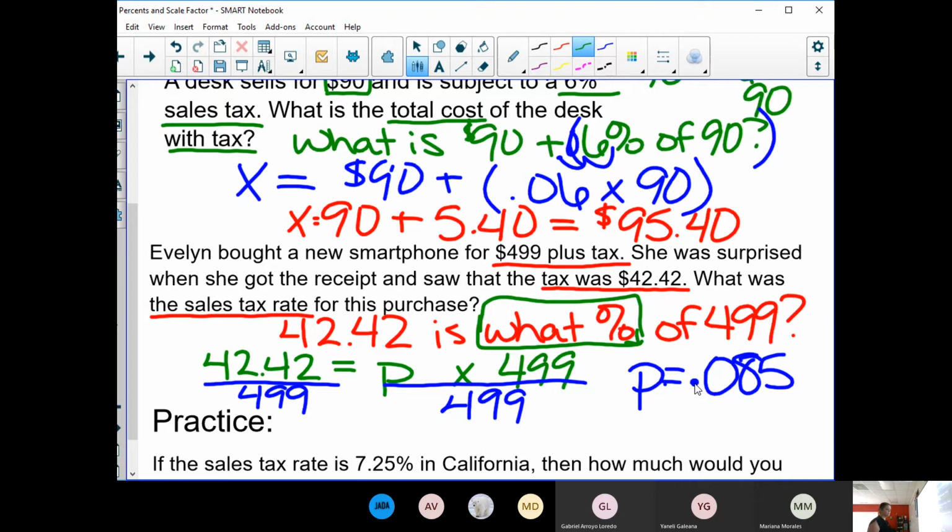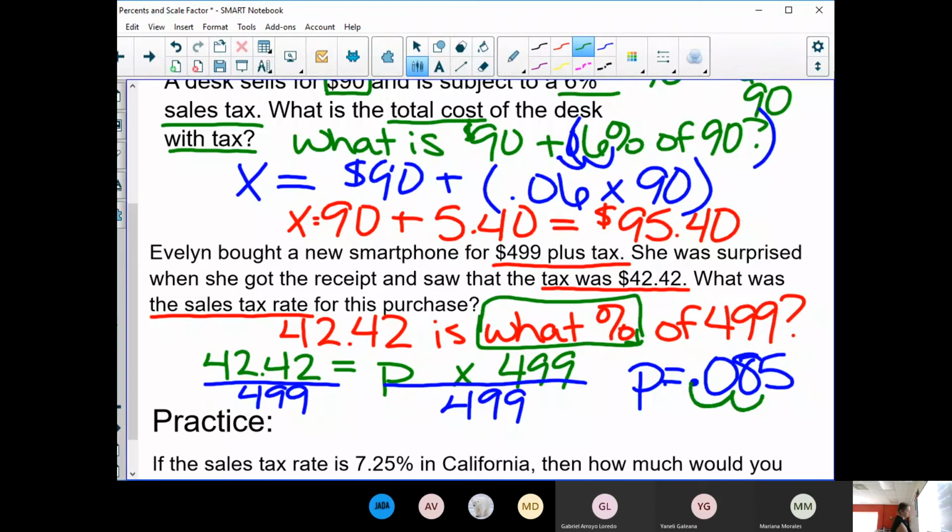Change the decimal 2 spots. Which way? Are we going left or right? Okay, we're going to move it 2 places to the right.